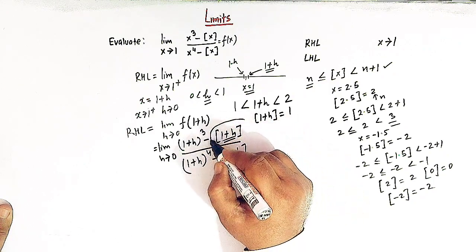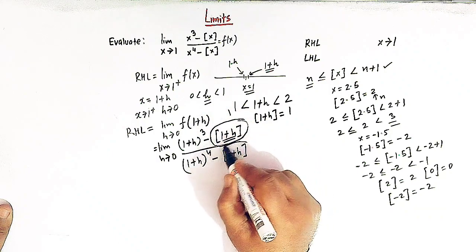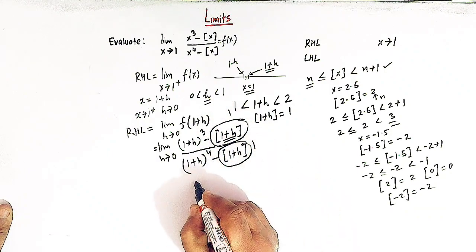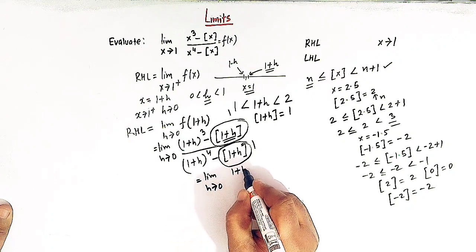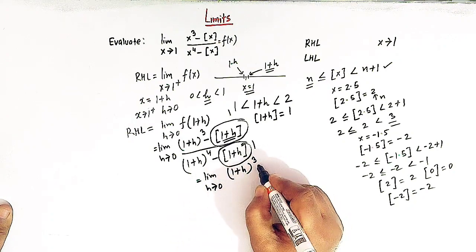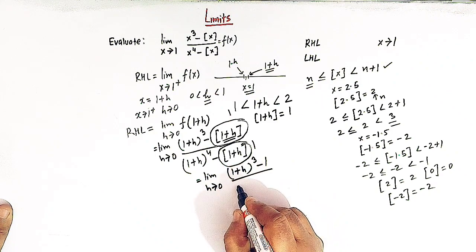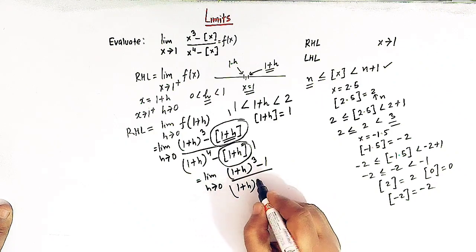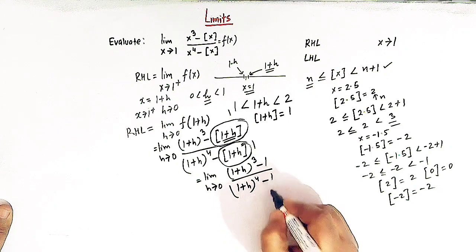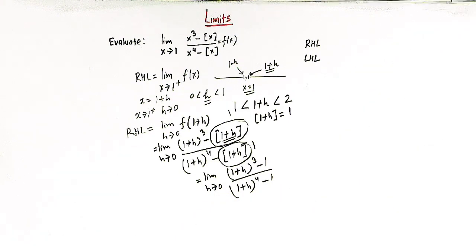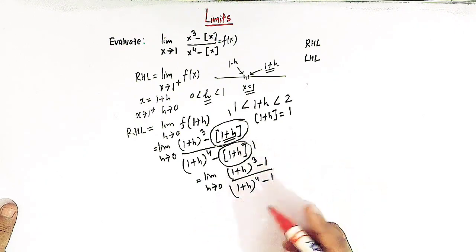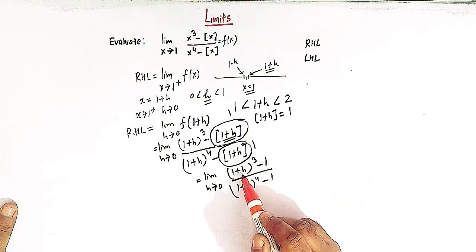So replacing this quantity by 1 and this quantity by 1, we can now write limit h tends to 0, and we have (1 plus h) cube minus 1, and here we have (1 plus h) raised to 4 minus 1. So now we have this rational expression in terms of h.